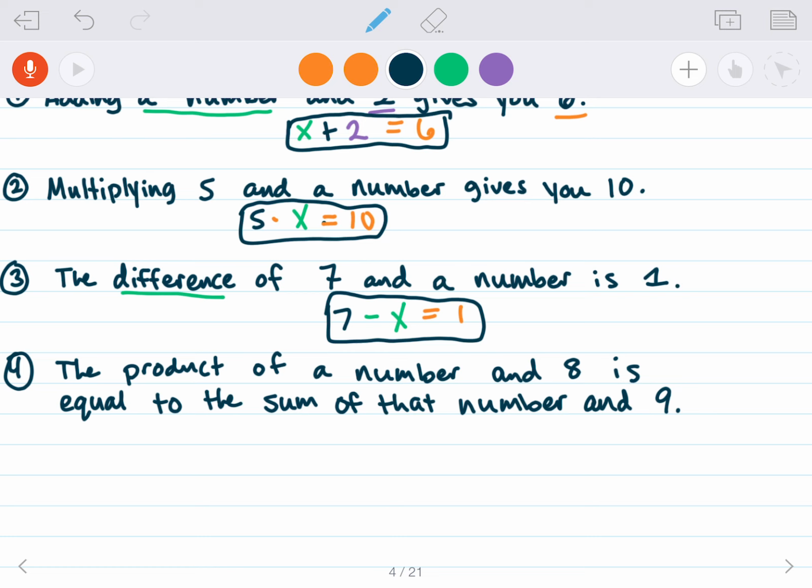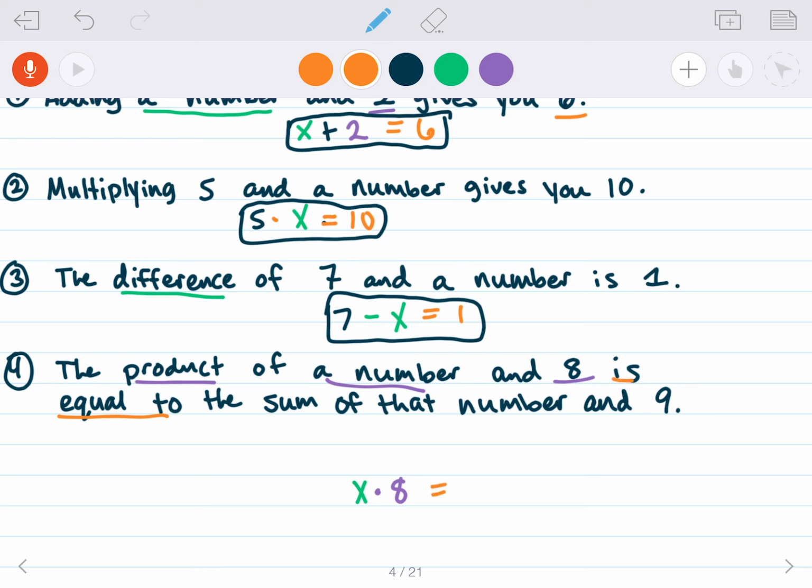The product of a number and 8 is equal to the sum of that number and 9. All right, let's break it down. Product means multiplication. The product of a number, so we have x and 8, so we're multiplying x and 8 first of all. So x times 8. The product of a number and 8 is equal to, so I'm going to put an equal sign.